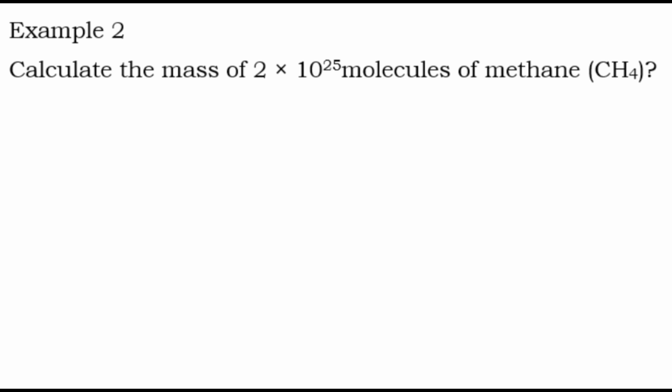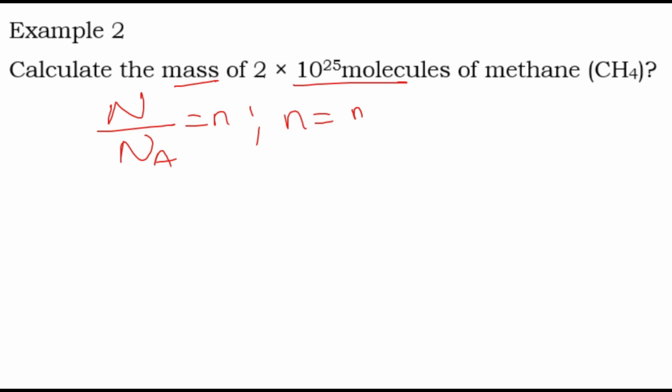Example number 2 reads: calculate the mass of 2 × 10^25 molecules of methane. How do we do that? How do we get the mass from the number of particles? First things first, you need to determine the number of moles using the formula number of particles divided by the Avogadro's number is equal to number of moles, where the number of moles is equal to mass over the molar mass.